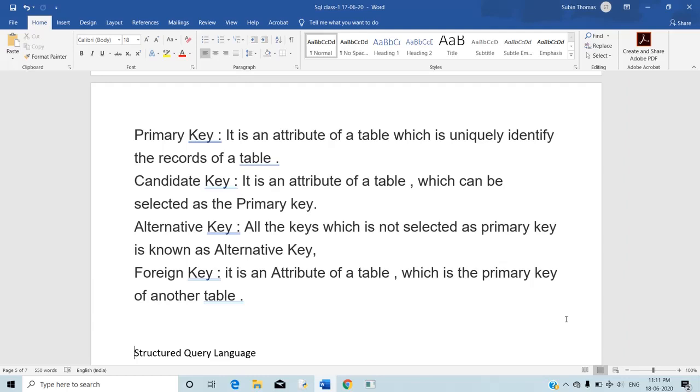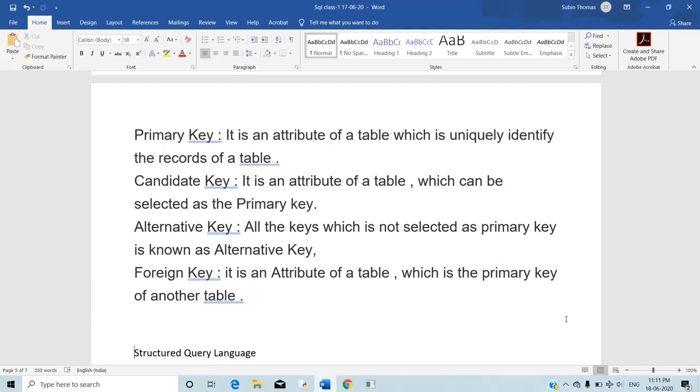You can have multiple columns in a table which uniquely identify the tuples of a relation. If I take students of 12A, every student will get a separate admission number and a separate roll number also.